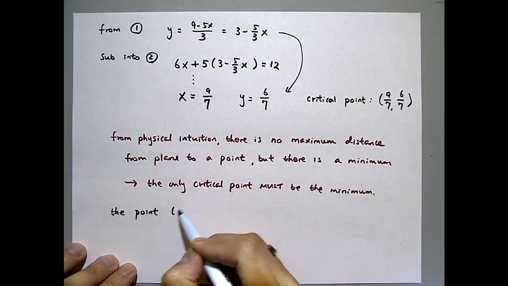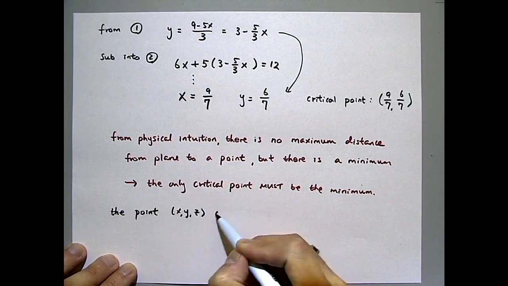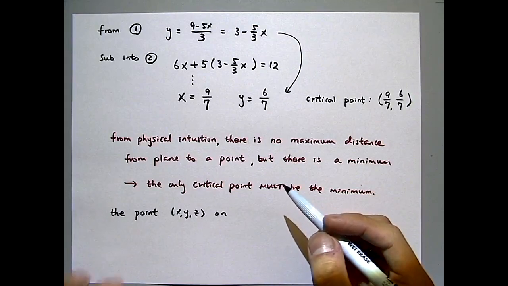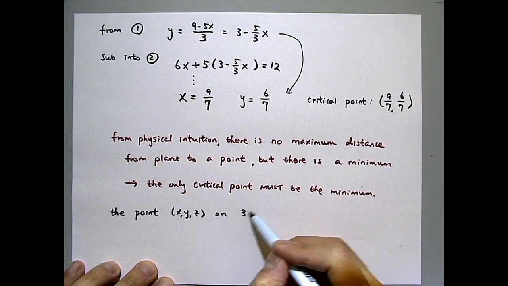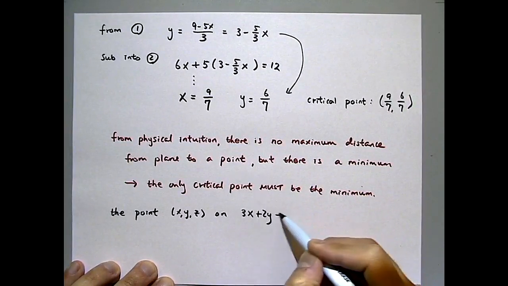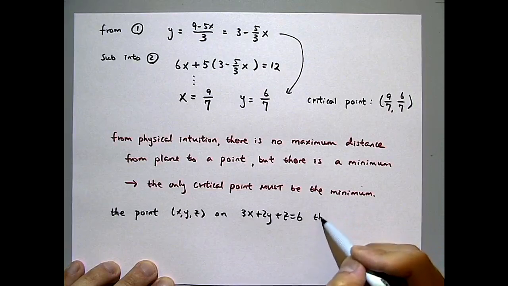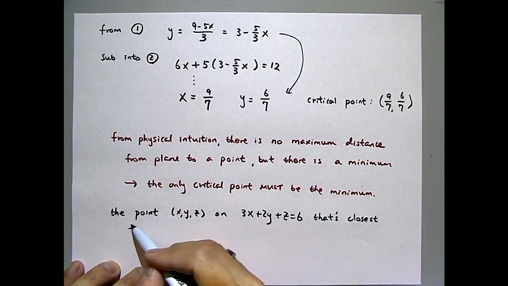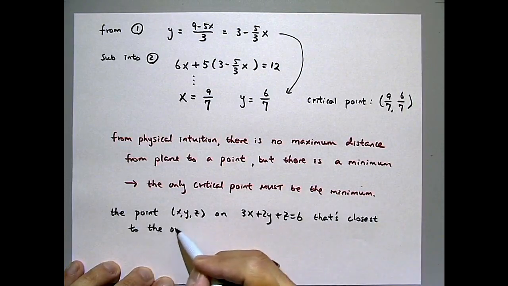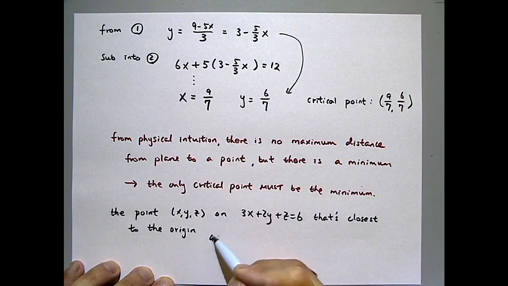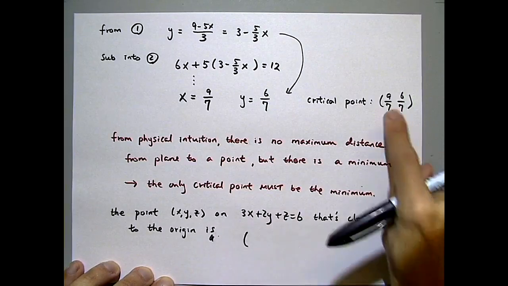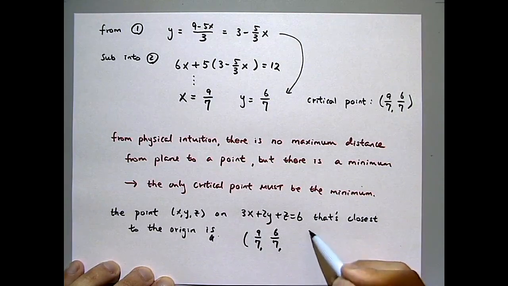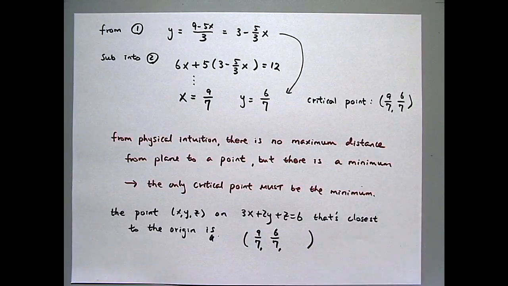All right, so the point x, y, z on the plane 3x plus 2y plus z equal to 6 that's closest to the origin is 9 over 7, 6 over 7, and the last coordinate we have to find is the z on that plane.